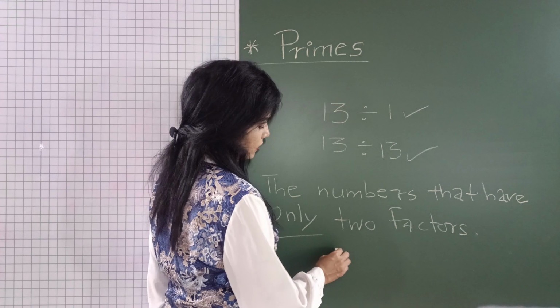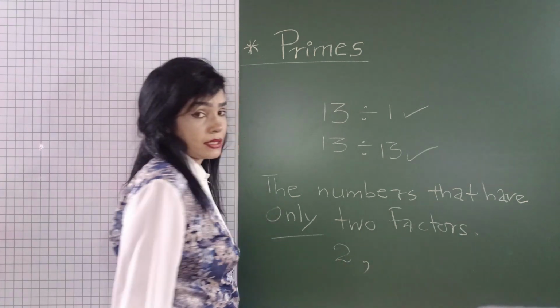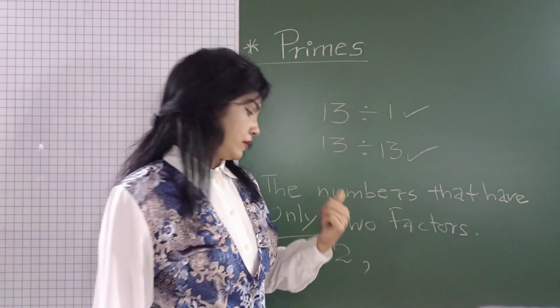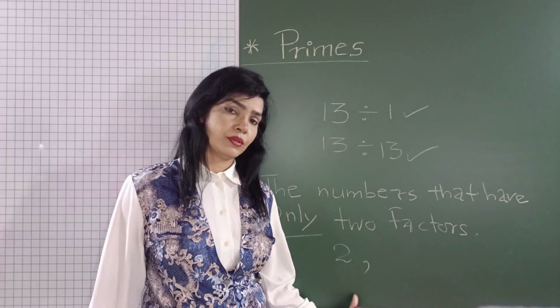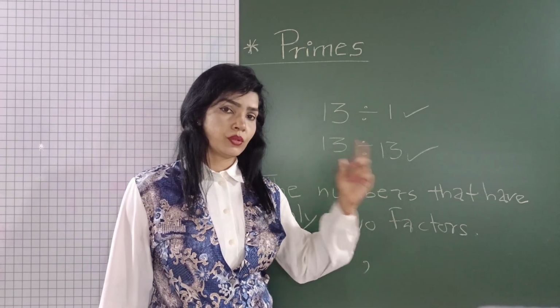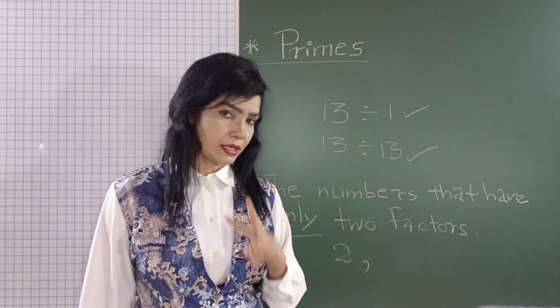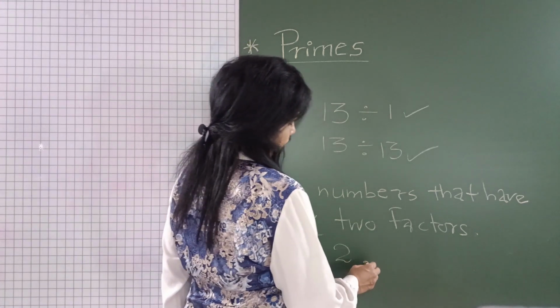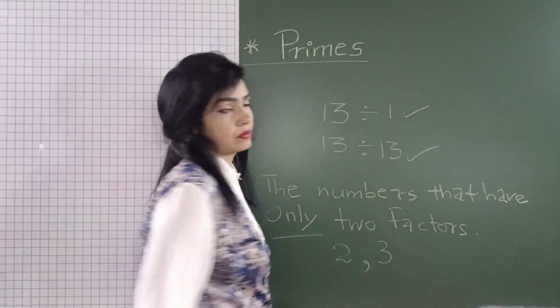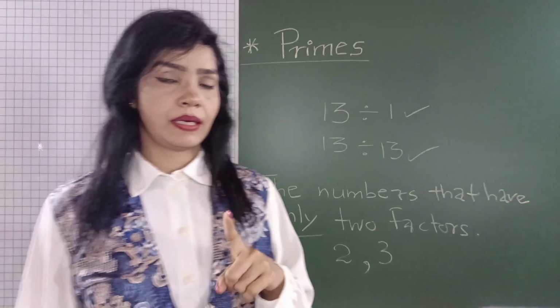So if I take 2, 2 has two factors. 2 divided by 1 is 2, 2 divided by 2 is 1. So 2 can be divided by 1 and itself. So 3. 3 has two factors, 1 and 3.